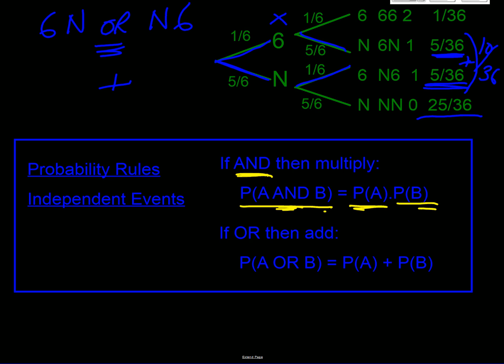Probability of A times the probability of B. If we get to a point where we're looking at an or, we're looking at a couple of outcomes, like here at the end, up and down our tree. So if we get to an or here, probability of A or B, then we're going to add them together rather than multiply them.